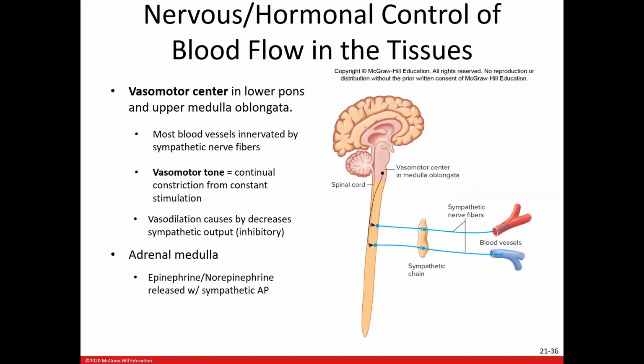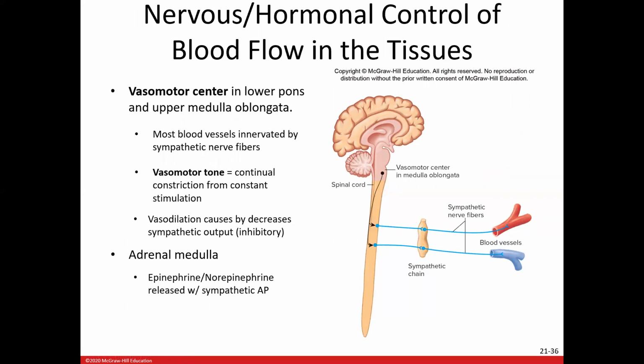Then we have nervous and hormonal control. And there is a little bit of overlap with this with the nervous system. But in terms of just the pure nervous system, we have a structure in the brain called the vasomotor center. It's located roughly between the pons and the medulla oblongata.